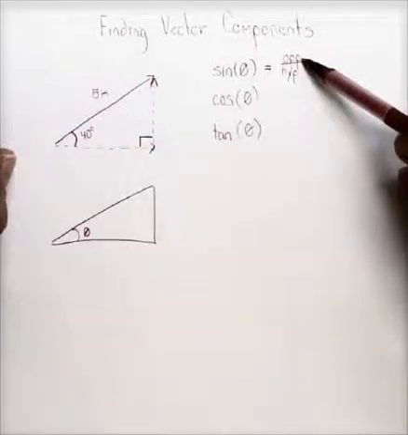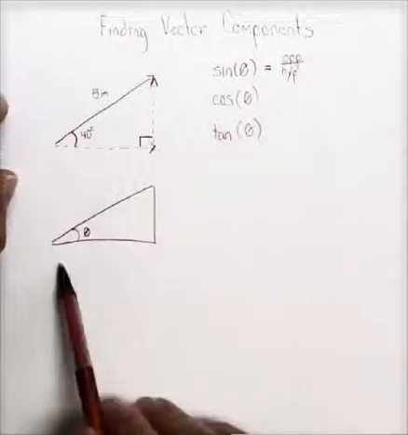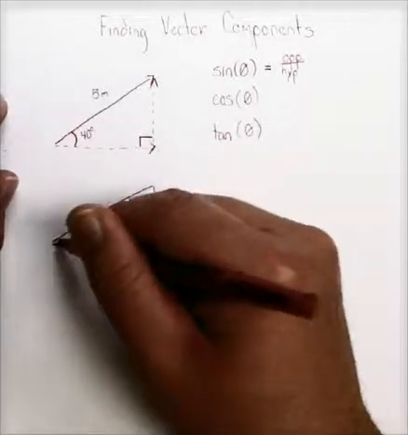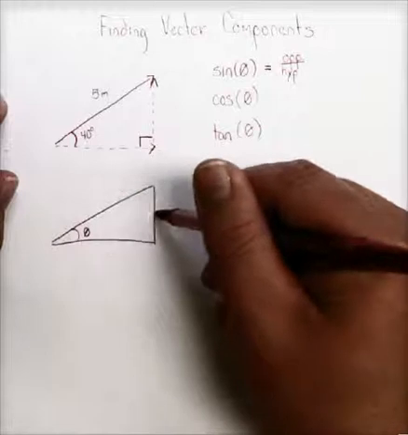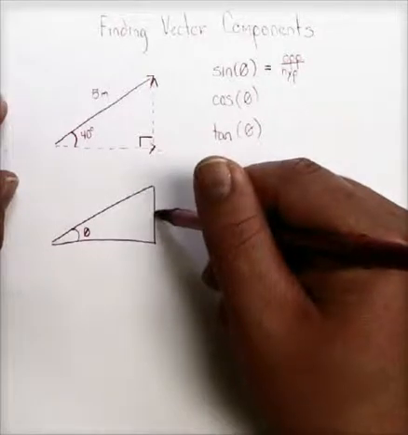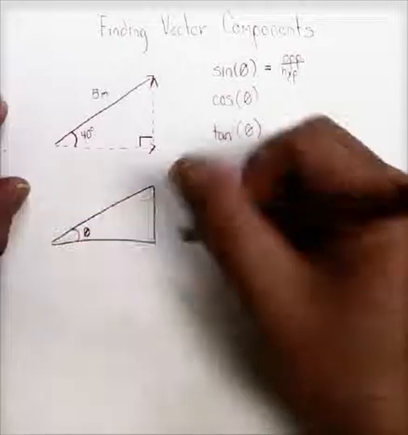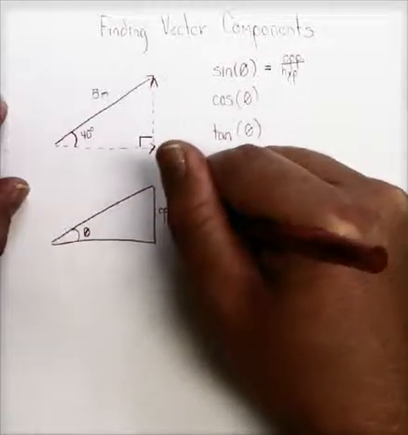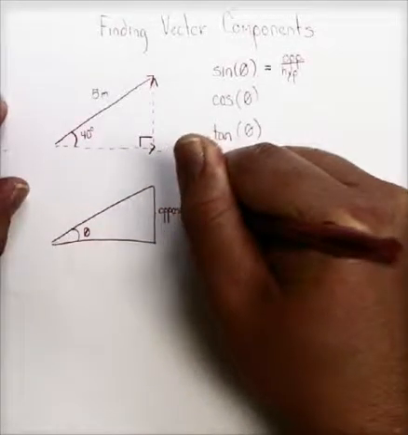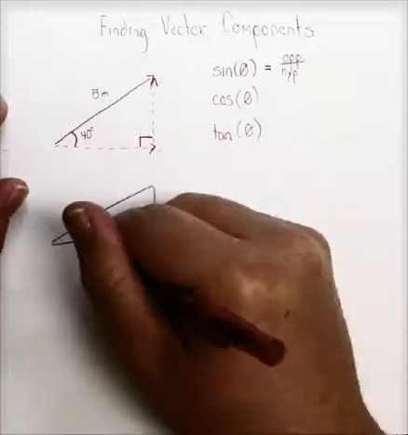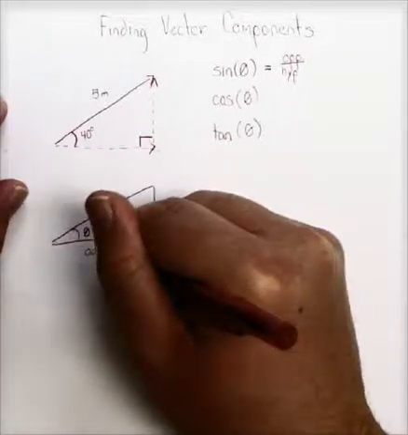Let's start with this. I said this was opposite. What that means is I look at the angle and I find the side that is directly opposite of that angle. So it's not touching it. In fact, it'll be the only side of the triangle not touching it. This is called the opposite side. The side that's touching the angle is called the adjacent side.